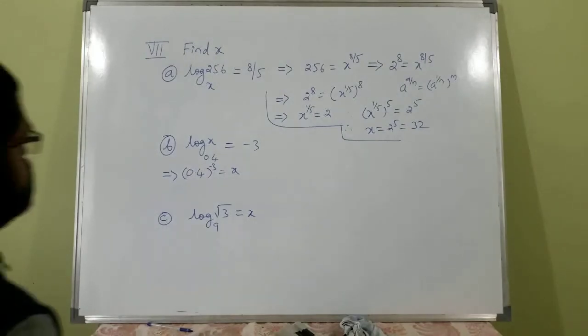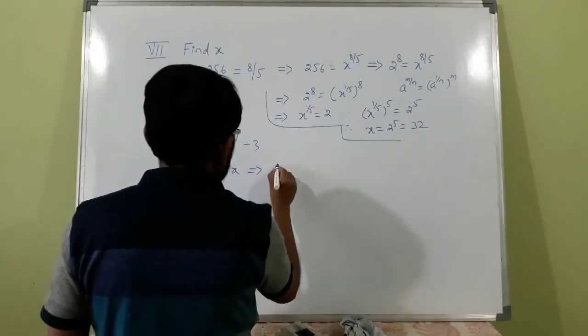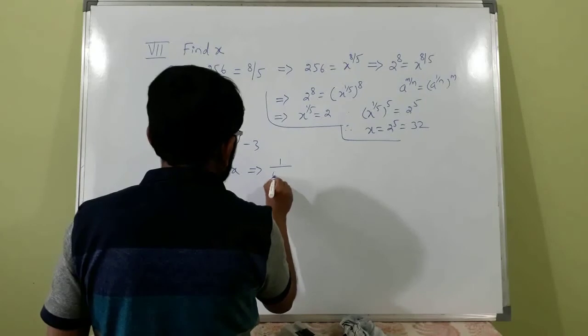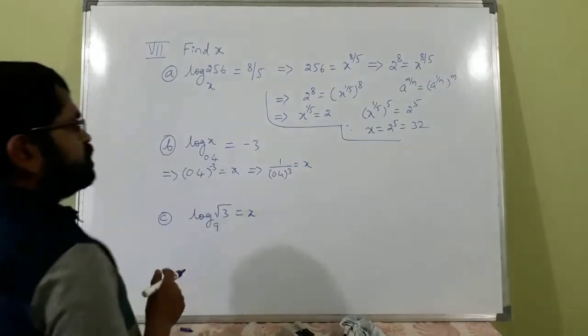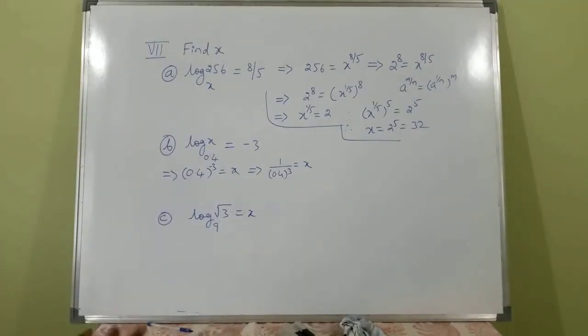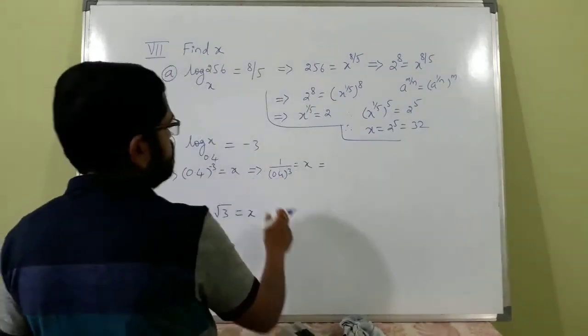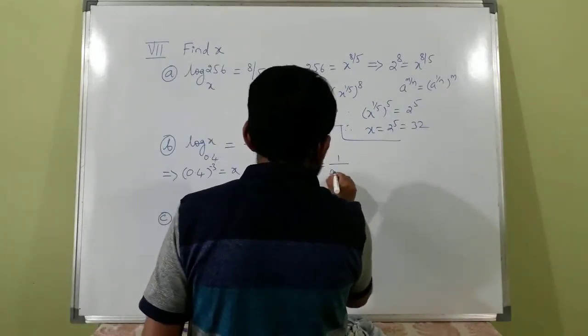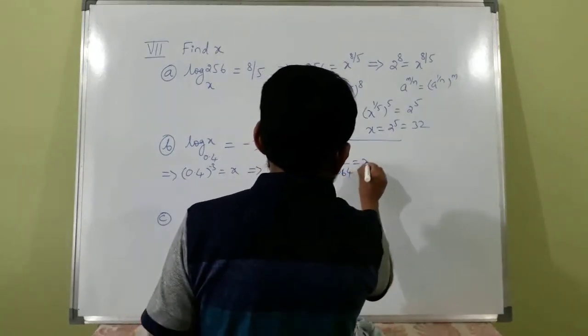So this is 1 by 0.4 raised to 3 is equal to x. 0.4 into 0.4 is 0.16, into 0.4 is 0.064. It is enough if you write like this, 1 by 0.064 is equal to x.